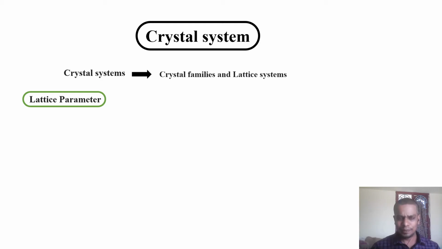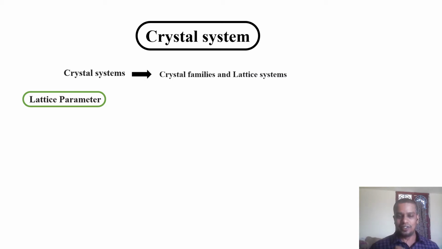So the lattice parameters are involved in how you define the given crystal system, because we are living in three-dimensional space, so we construct the crystal system in three-dimensional space. In 3D space, if you want to mention a single point, we need at least three coordinate axes.